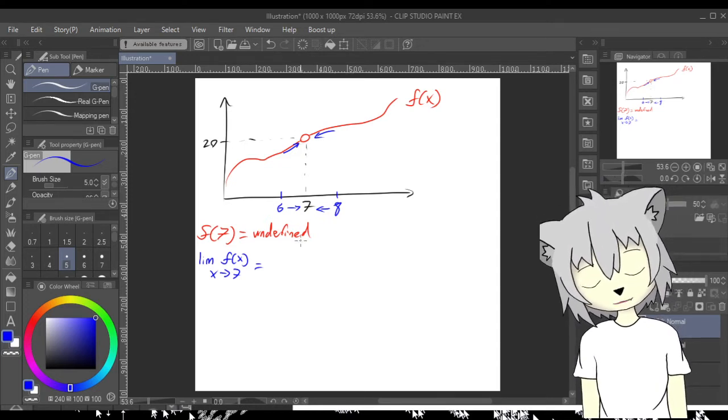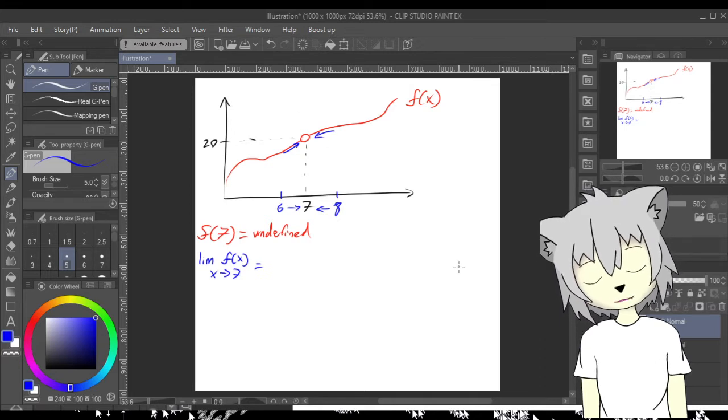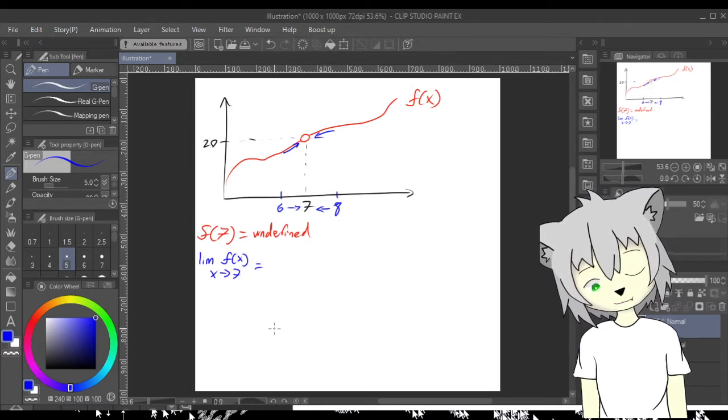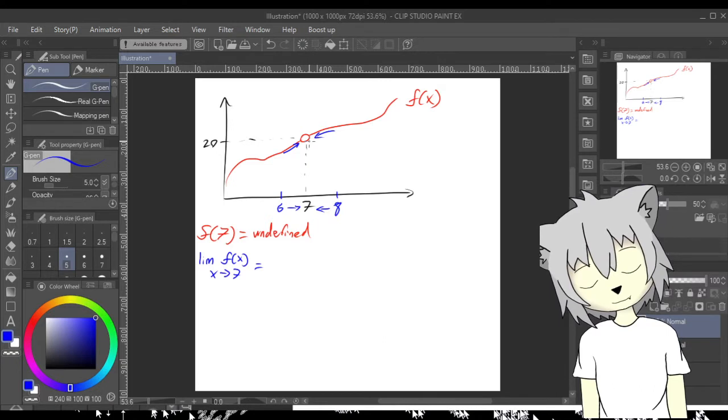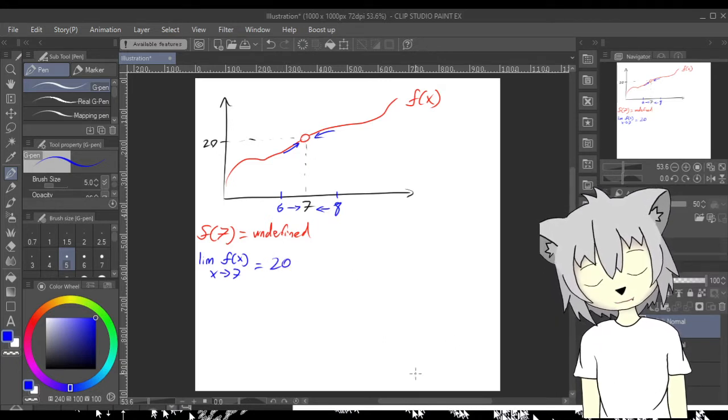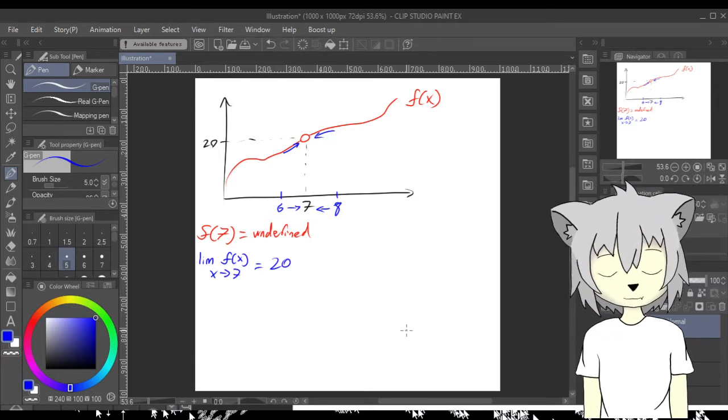It just gets progressively closer to 20, but doesn't actually touch it. That's what the limit really does. The limit at this point, even though this here doesn't technically exist, equals 20, because that's what the values approach.